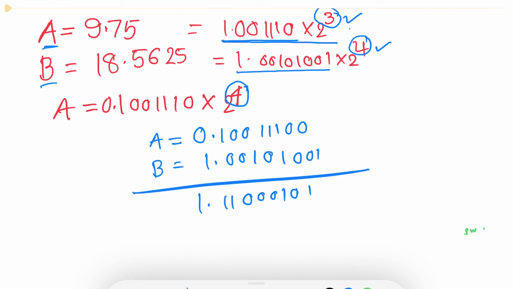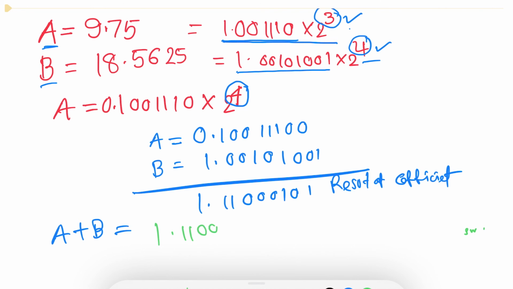So this is the result of the coefficient, and the exponent is 4. So the result is A plus B equals 1.11000101 times 2 to the power 4.